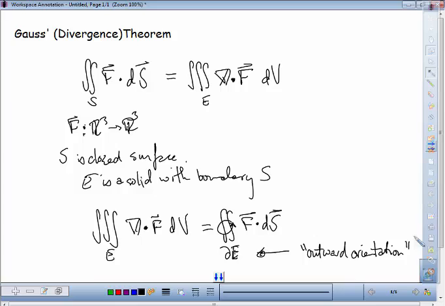Okay, so that's the theorem, and that's a big deal theorem for us. And so I guess the next thing to do is take a look at some examples and work through it, and then take a closer look at the theorem and see how we can play with it a little bit.